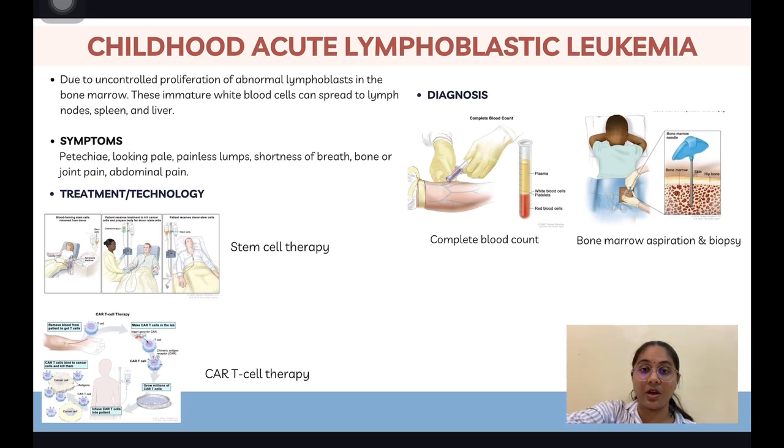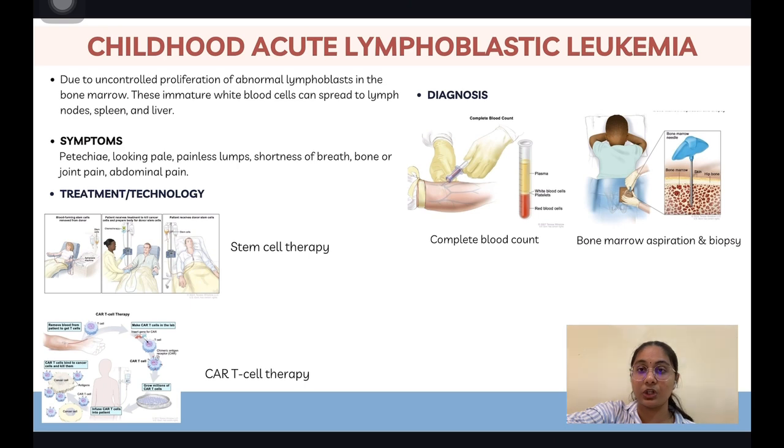Other than that, we can also use stem cell transplant, where it is a treatment to replace the blood-forming cells. Stem cells are removed from the blood or bone marrow of a donor and are frozen and stored. After the patient completes chemotherapy and radiation therapy, the stored stem cells are thawed and given to the patient through an infusion.